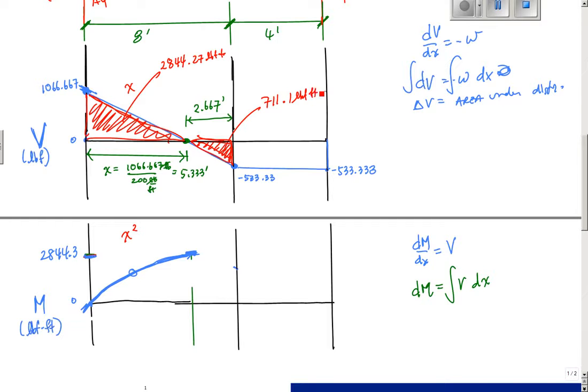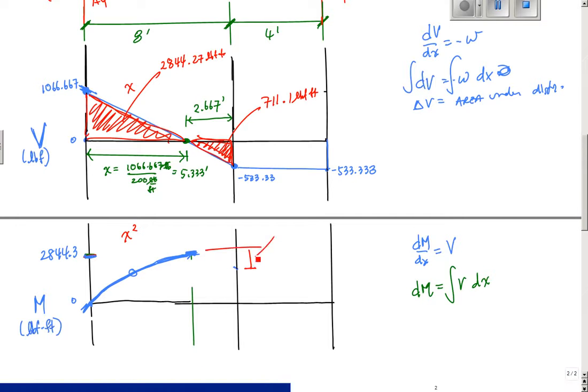So I subtract that change from here: 2844.3 minus 711.1.